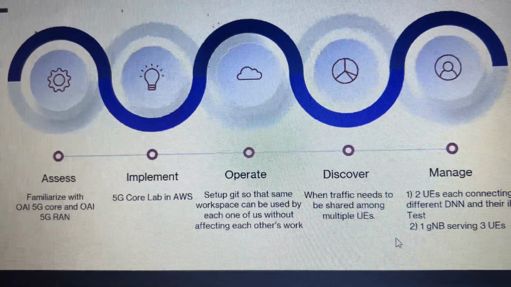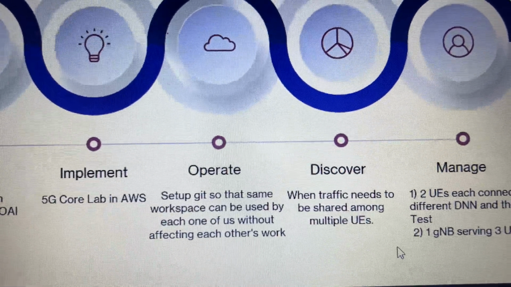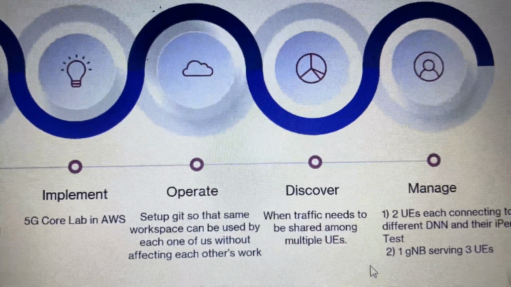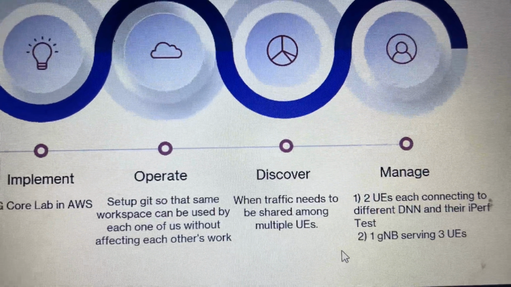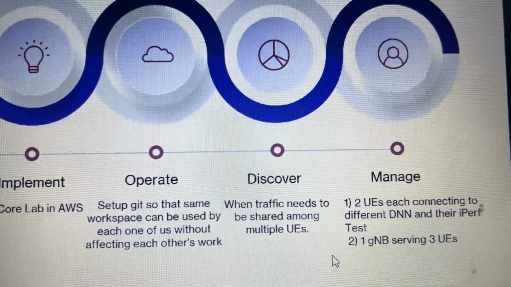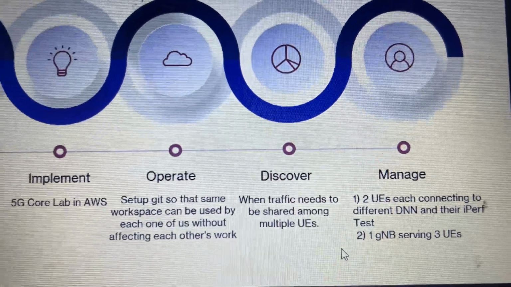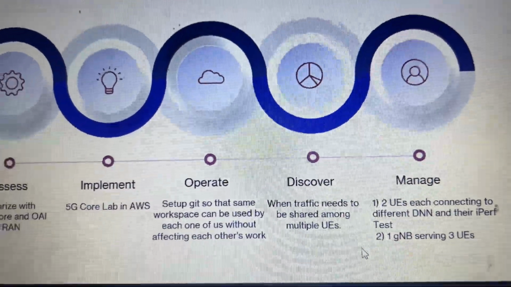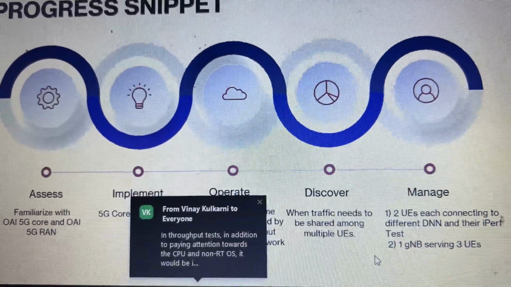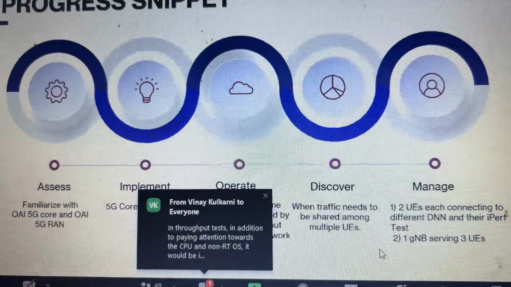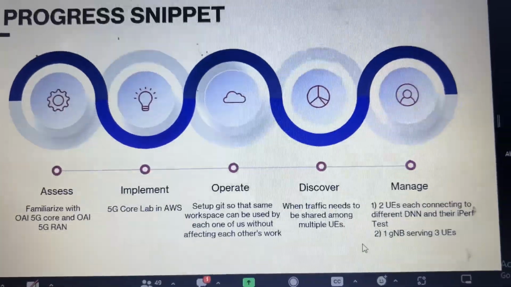The second thing, once we had the setup ready, was that we created our own Git branches inside the OAI core and OAI RAN modules so that we can experiment independently. In fact, the team learned Git essentials just for this purpose. To validate the lab setup and get to know the folder structure and where each configuration file is present, we first replicated the experiments that were demoed to us.